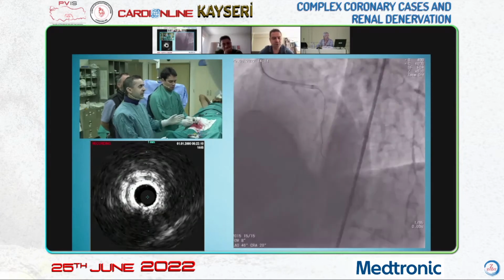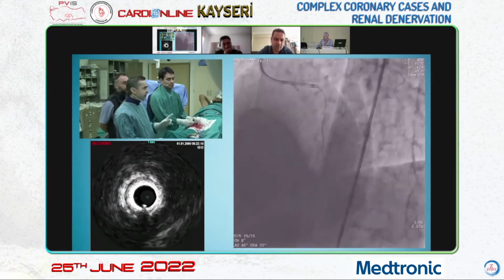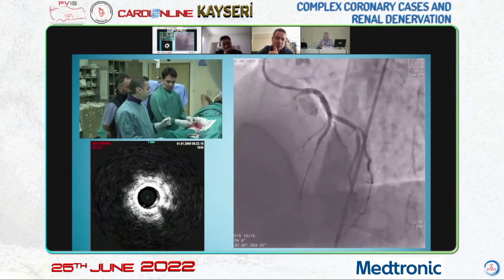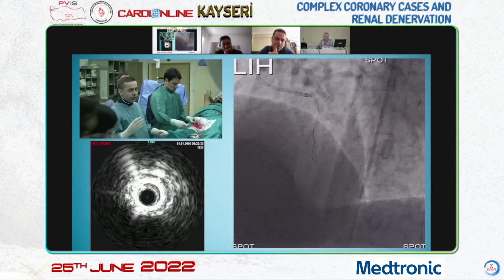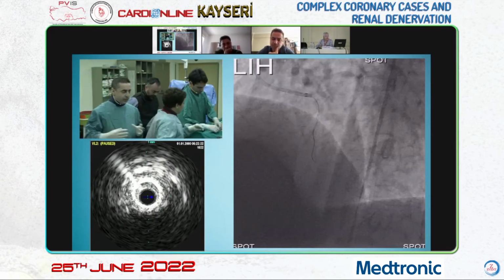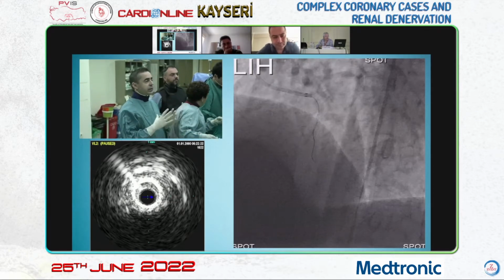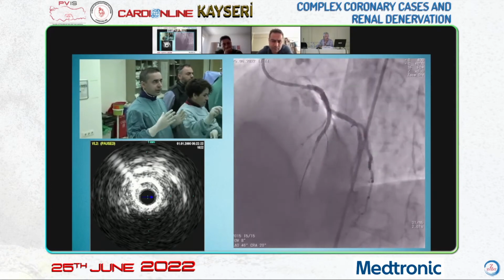A little nitrate once again. We will take out the wires, because there is no plaque load, there is no dissection. The latest data for IVUS and FFR is that if the lumen area is below 3 mm, there is stenting.